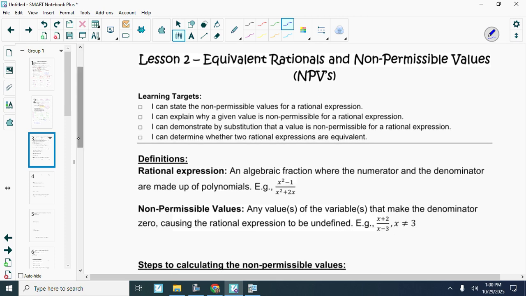We're going to talk about two things today. We're going to talk about something called equivalent ratios, or rather, equivalent rationals. This is the exact same thing as when you were in junior high and talked about equivalent fractions.